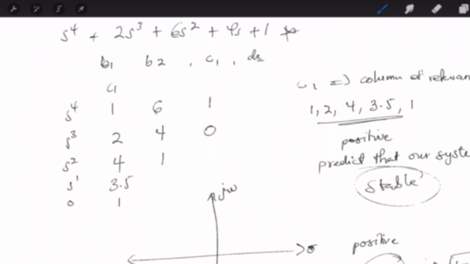And if our real part is negative, we are going to have our points on the left-hand side. And if our points are on the left-hand side, we can deduce that our system is very stable.